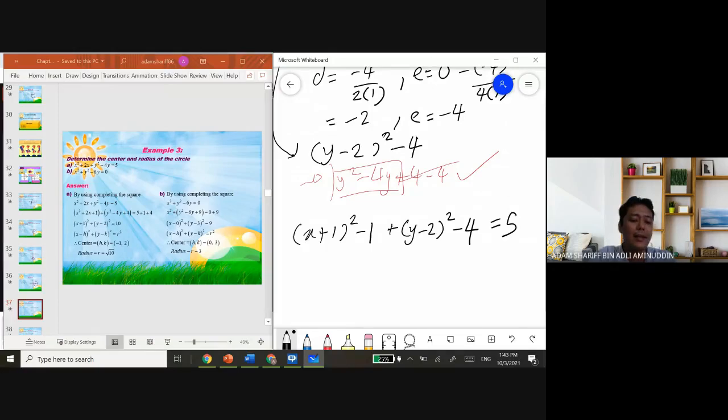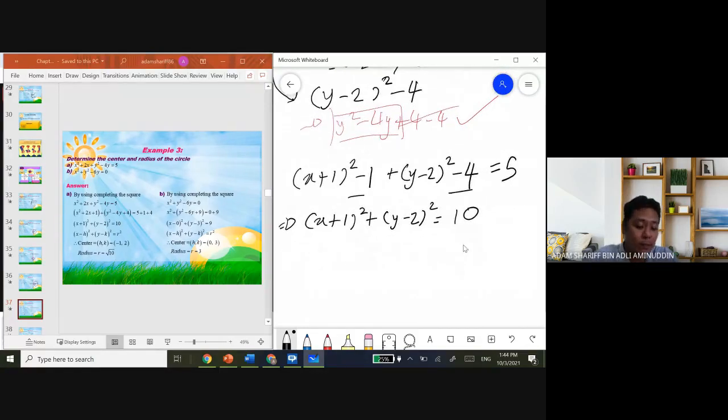And this is not standard yet because kita kena selesaikan yang ni. So bring that one to the right hand side. Five plus 5 is 10. And you try to compare it with the standard form, which is x minus h squared plus y minus k squared equals to r squared.